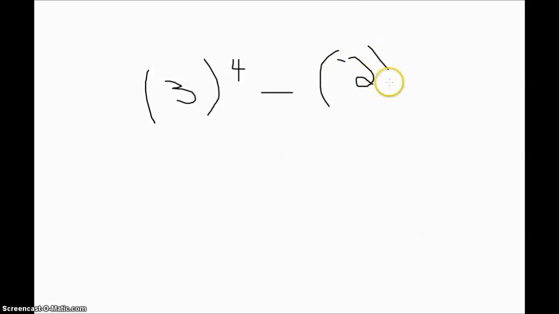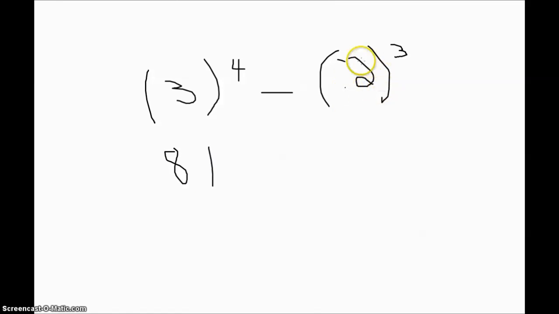Okay, for the fourth problem, we have 3 to the fourth power minus negative 2 cubed. Okay, so for these, if you need to use your calculator, you can. So for this part, you're multiplying 3 times itself 4 times, and this results in 81.